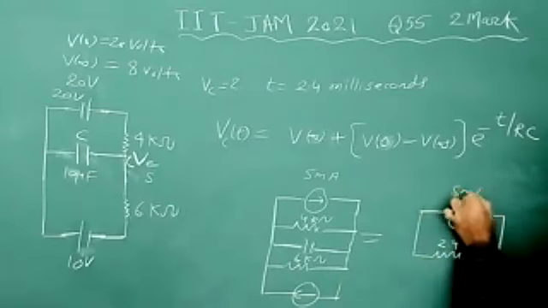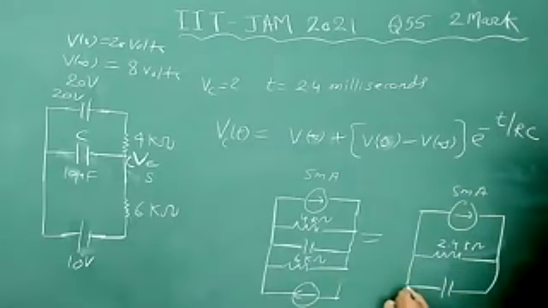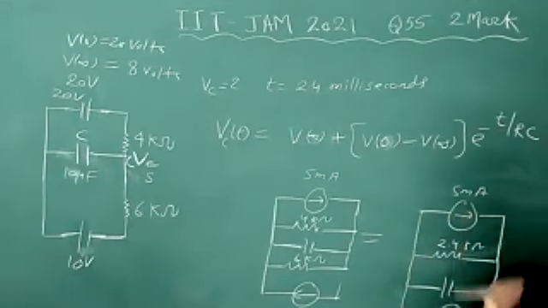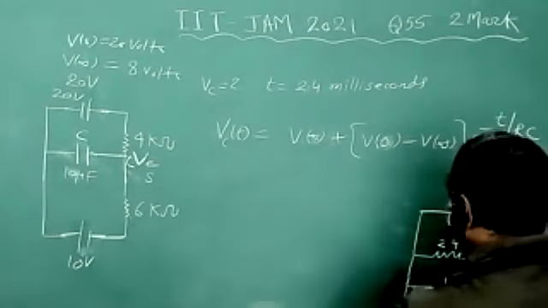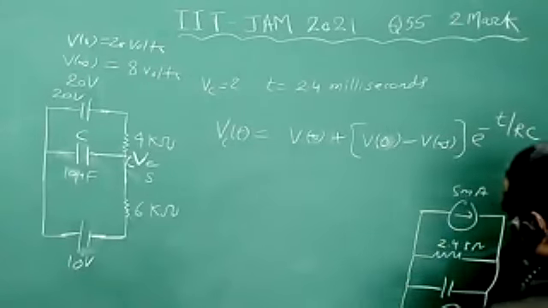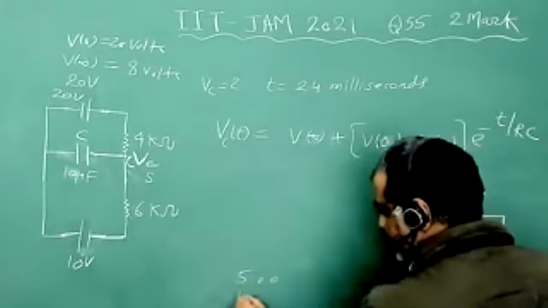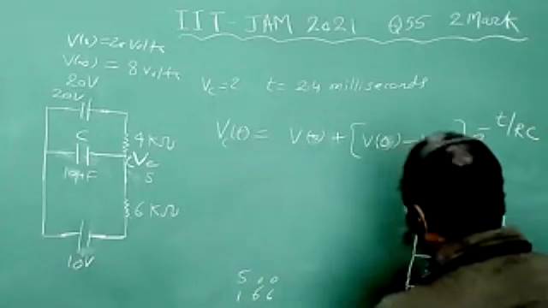Here I have a 5 milliampere current source. Across this I have a capacitor of 10 microfarad, and again I have one more current source of 1.66 milliampere. Now these two sources are in parallel, so I can make it a single source. 5 minus 1.66 will give me 3.33 milliampere current source.